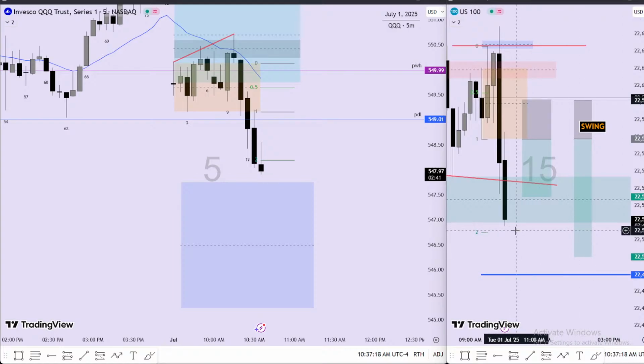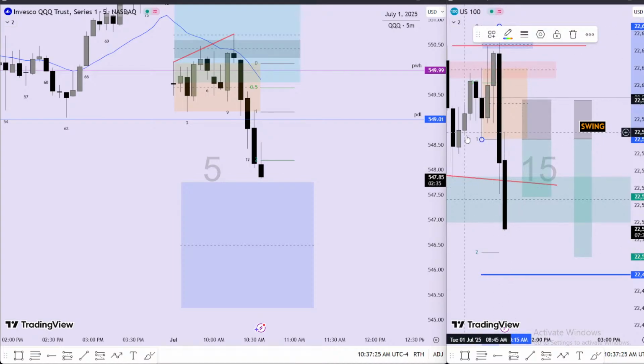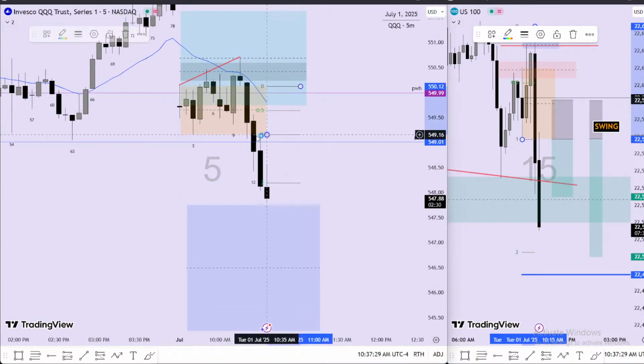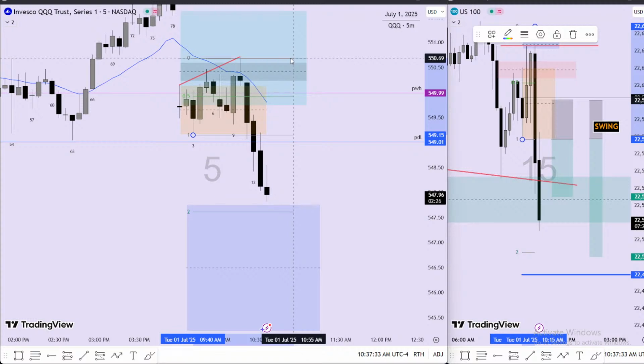We have closed the gap completely. We're also very close to a single standard deviation of the whole range, not the initial range, the complete range.